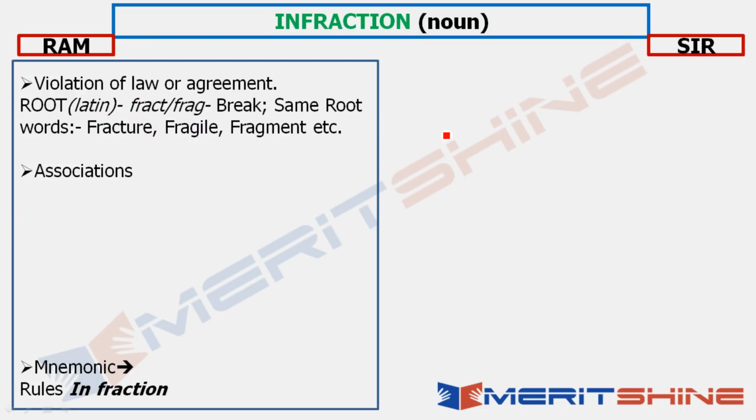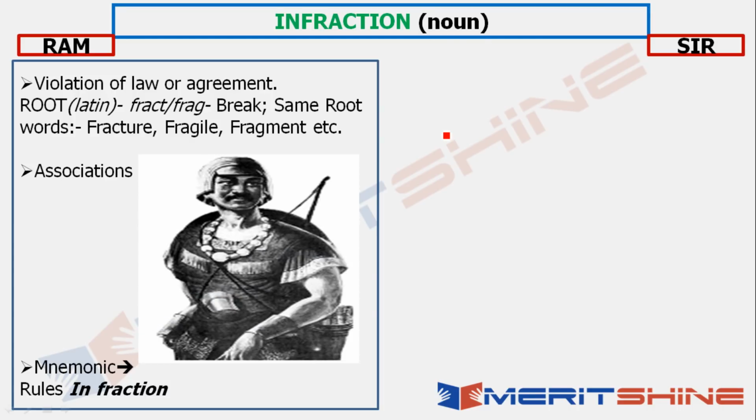So the first association is a pre-1857 patriot named Tirot Singh. Now, this is the image of Tirot Singh. In every one of these words, I'll use the images of the respective freedom fighters.